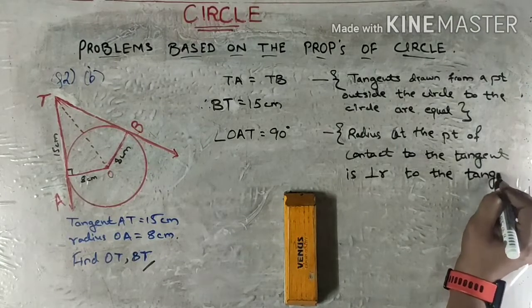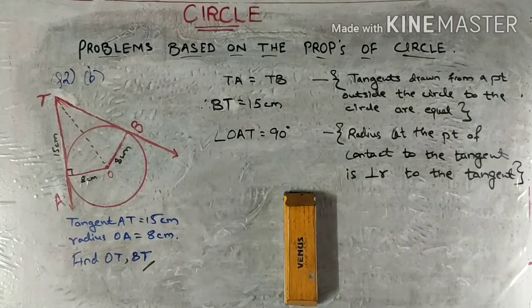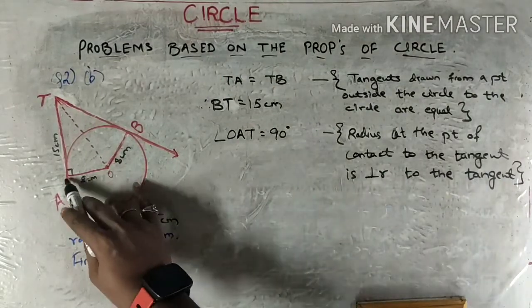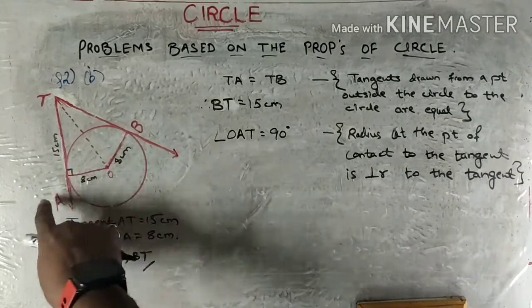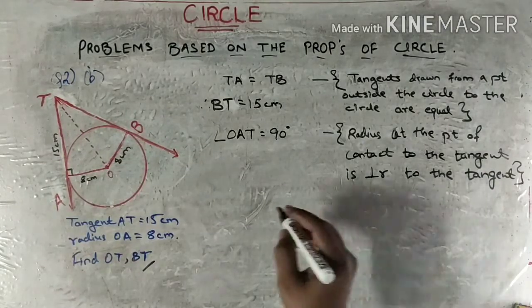That's my first property. I can frame it in my own words if you don't remember the perfect statements. So radius at the point of contact to the tangent is perpendicular to the tangent at that point.